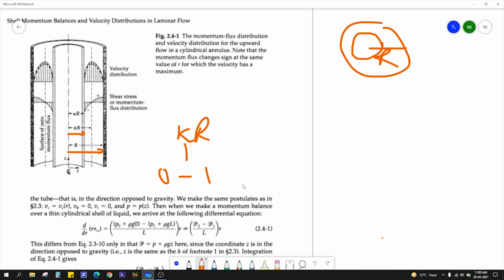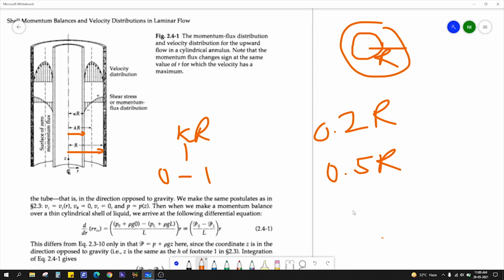Suppose the inner pipe is 20% of capital R, or 50% of capital R. The value of kappa is between 0 and 1.